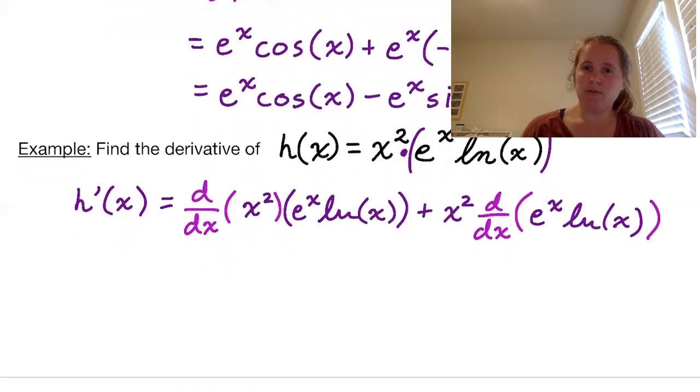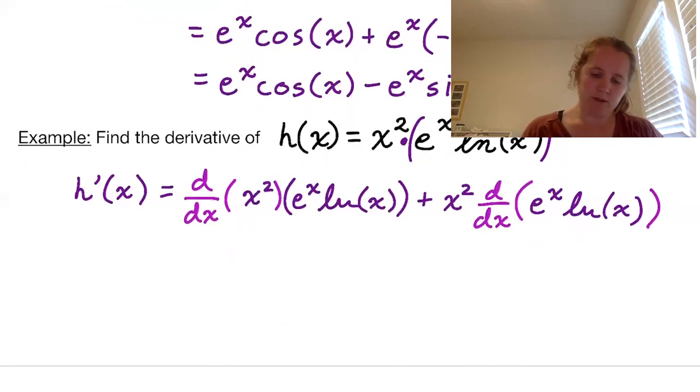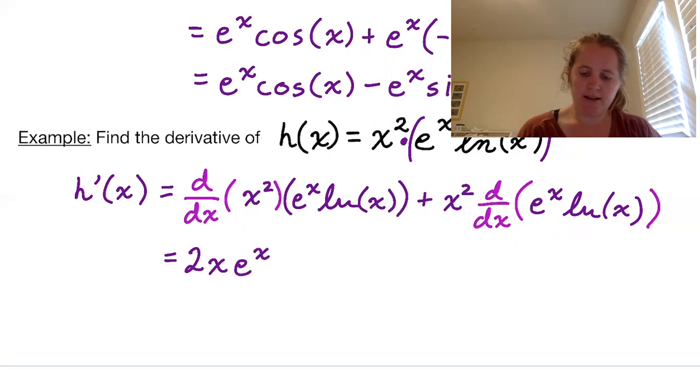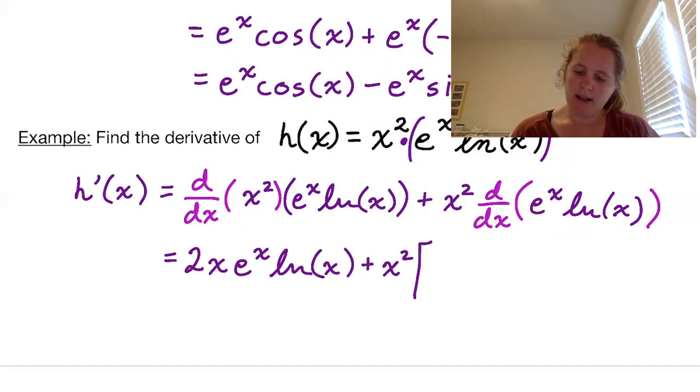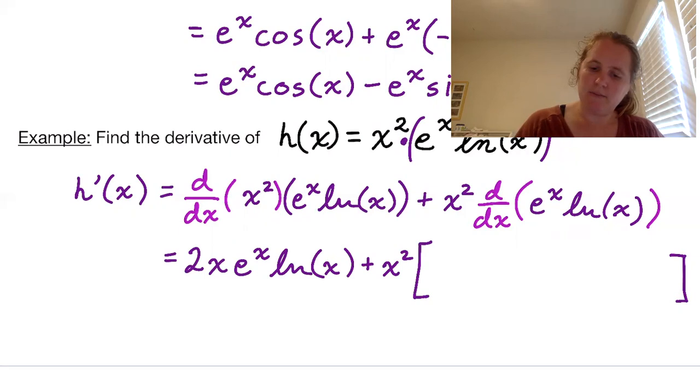Now, this first derivative we can go immediately through. The derivative of x squared by the power rule we know is simply 2x. So we have 2x and then times e to the x natural log of x. For this one on the right, we have plus x squared, then we have another product, e to the x times natural log of x.